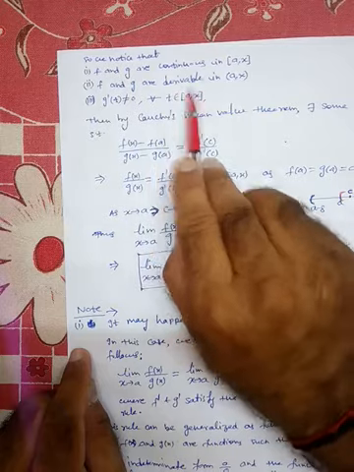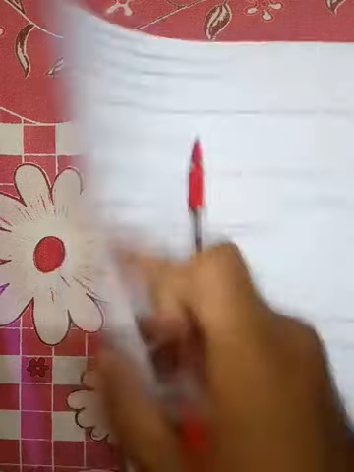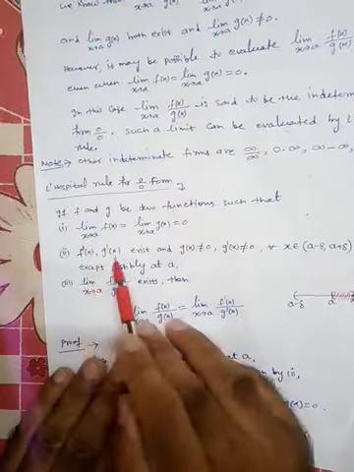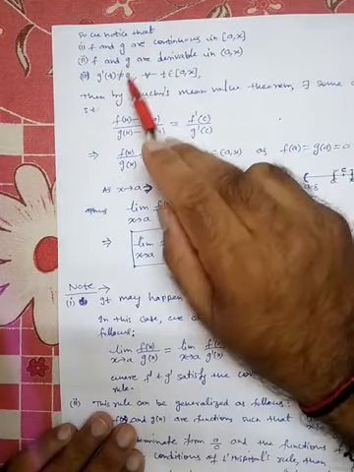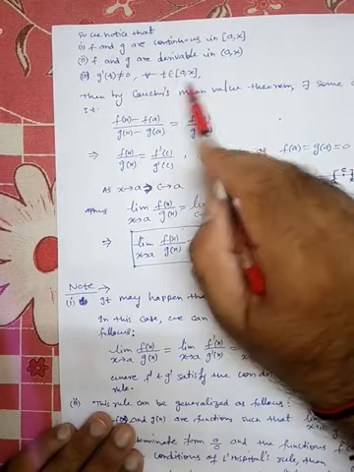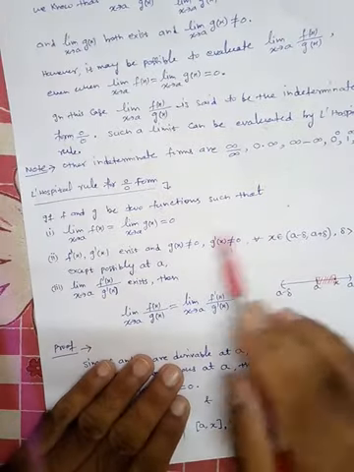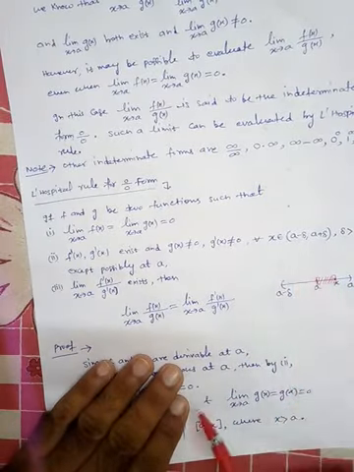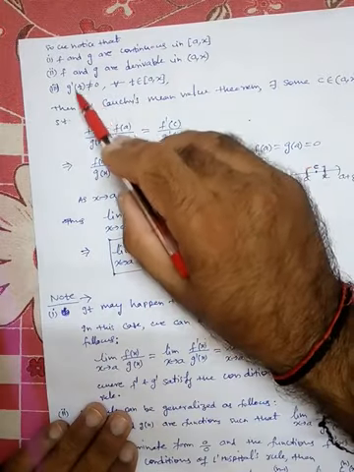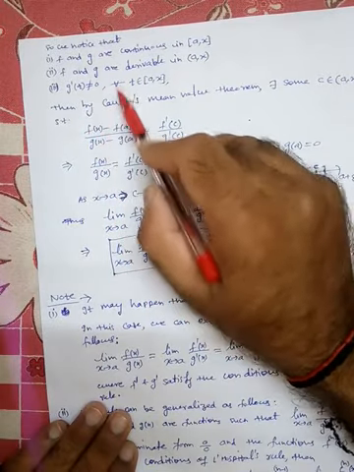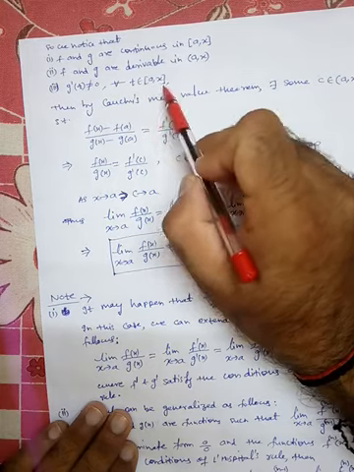Similarly, f and g are derivable in the open interval ax, because they are derivable. Third is g dash t is non-zero for all t in this interval, because this condition holds, g dash x is non-zero in this interval. So obviously g dash x will be non-zero in this interval also. Hence g dash t is non-zero for all t in the interval a to x.